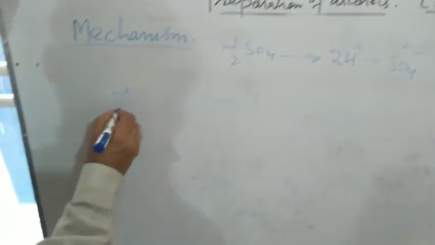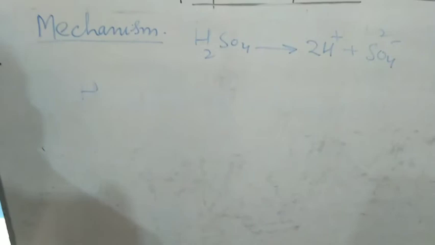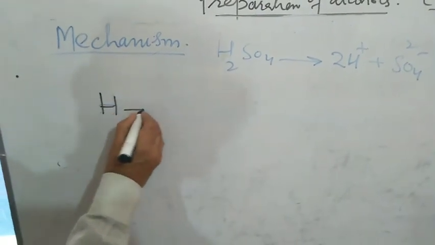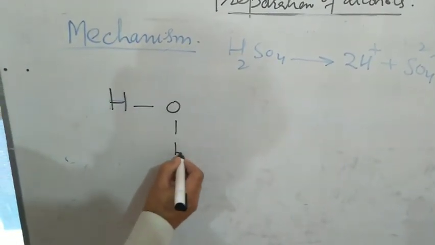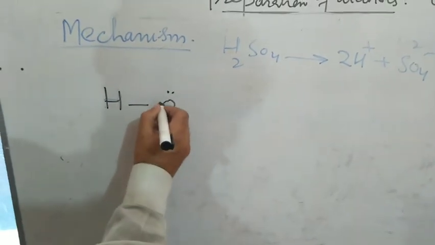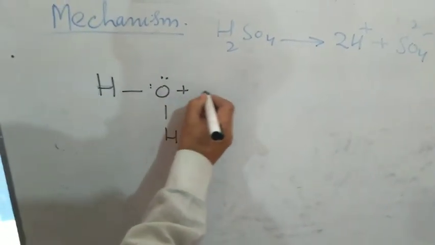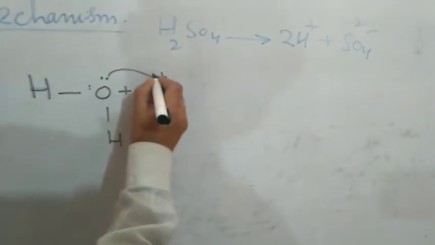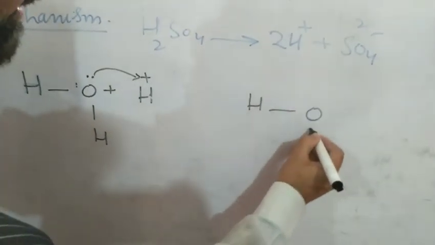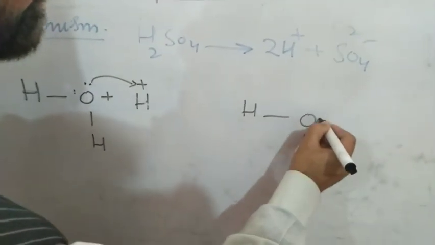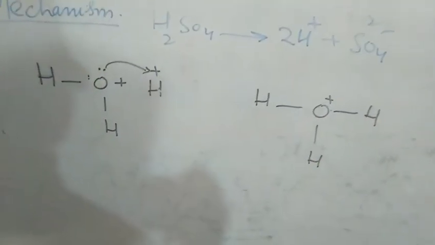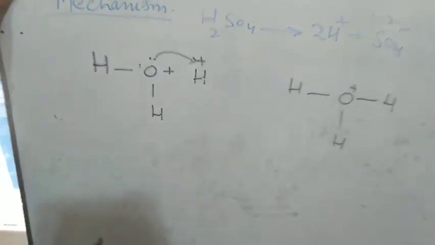Now water, this is water molecule, यहाँ पर इलेक्ट्रॉन पेयर, plus H positive gives hydronium ion. This is hydronium ion.